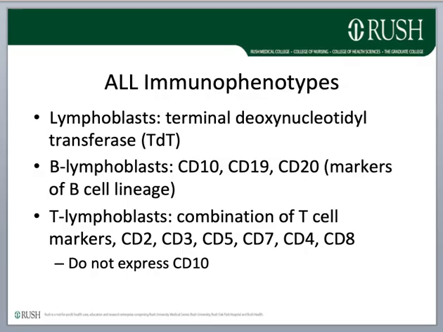Now we can use some different markers to characterize ALL by immunophenotyping. By definition, lymphoblasts express terminal deoxynucleotidyl transferase. 10 points if you can say that, or TdT. B lymphoblasts are characterized by markers of B-cell lineage, including CD10, CD19, and CD20.